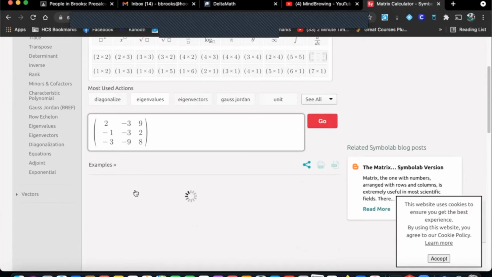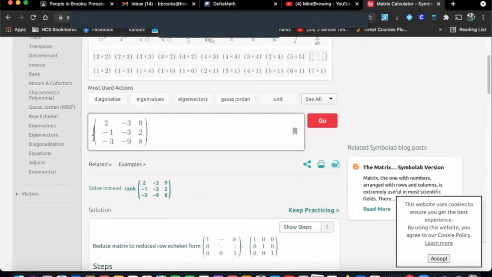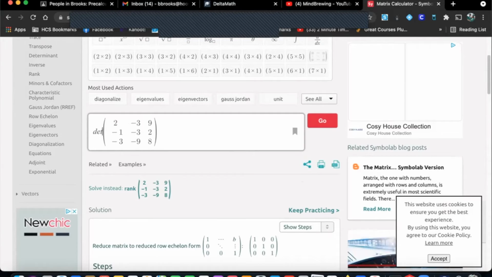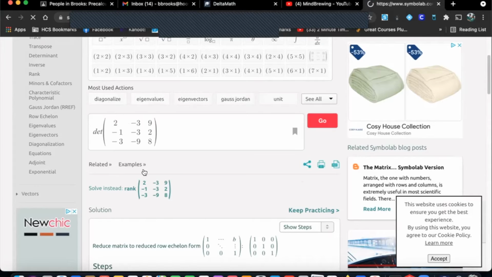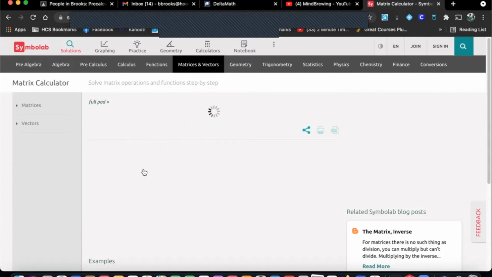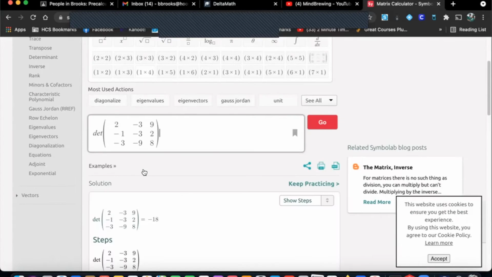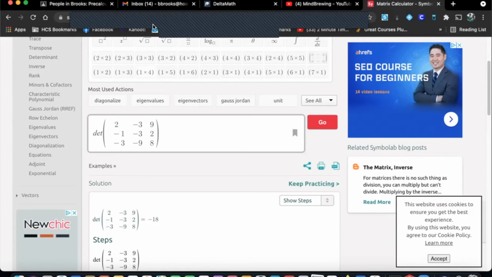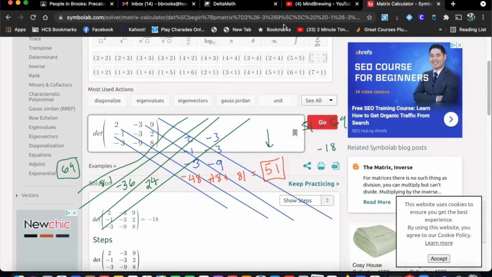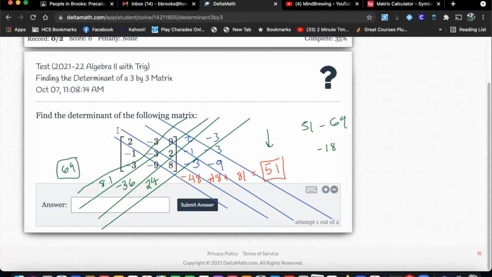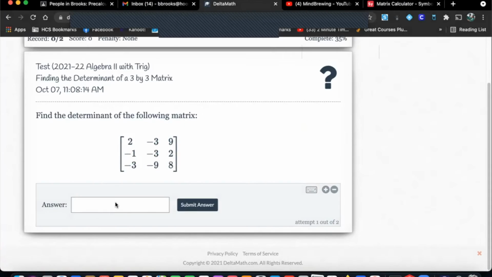I wanted the determinant of that. So determinant of that. -18. Which is what I got? Yay! I did it right. All right, having those calculators is so helpful.